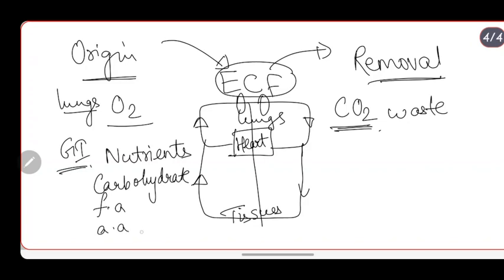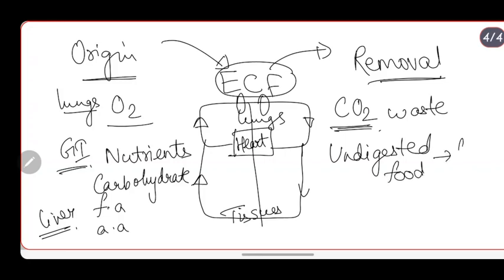So these nutrients are absorbed from the GI tract into the blood, and those substances which are absorbed but which are not in their simpler form go to the liver, and the liver metabolizes those things. Similarly, the undigested food is removed from the GI tract in the form of feces.